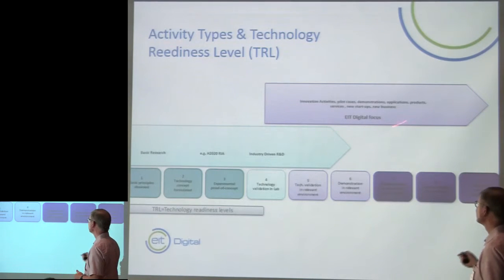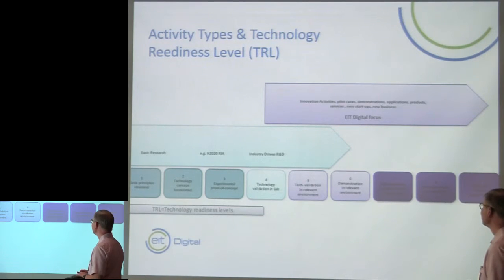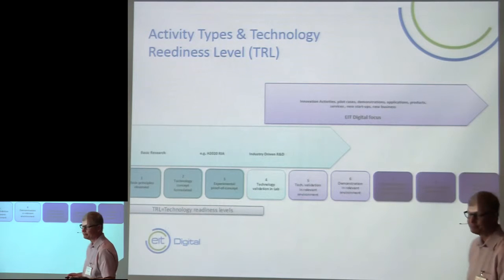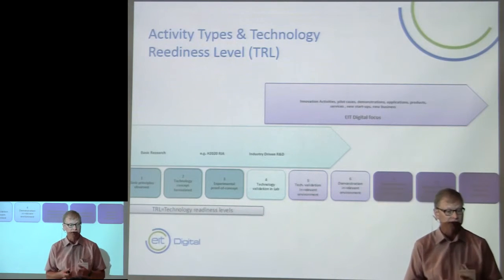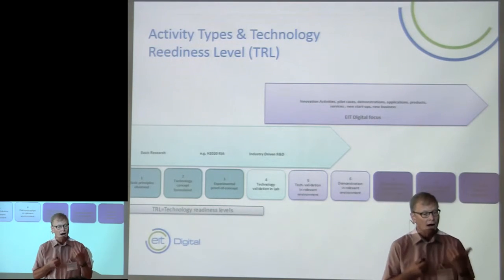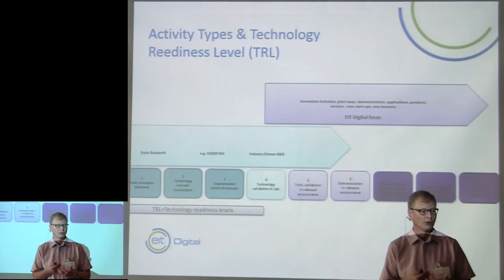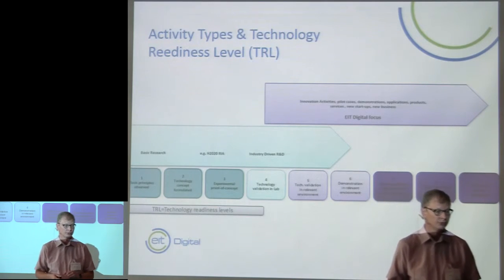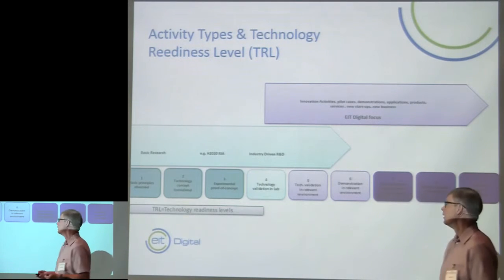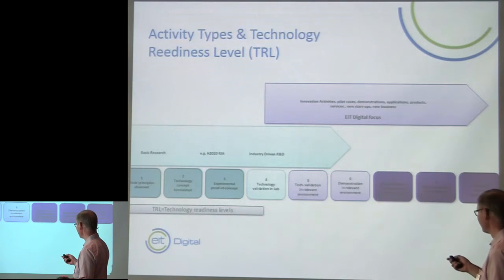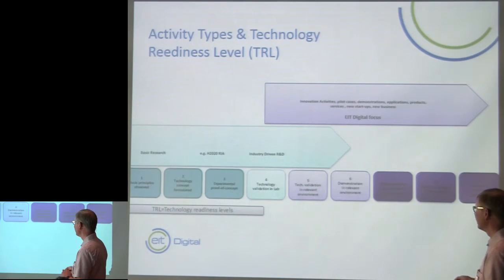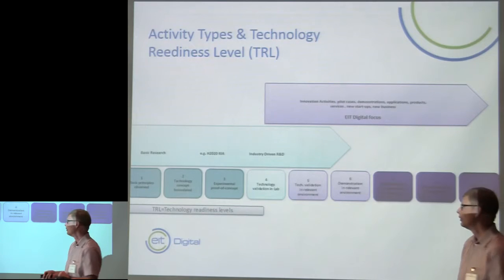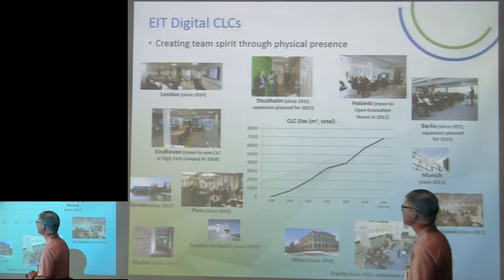This is the focus of EIT Digital: how to utilize the excellent work and the results that have been made and make a lasting impact to the society. And I find that is quite unique in the world, how this is approached.